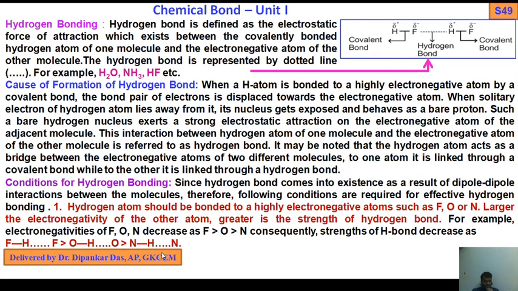And this hydrogen, already attached to nitrogen, forms a bond with nitrogen of another molecule, also with the least strength among these three, fluorine, oxygen and nitrogen. So that is the cause of formation of hydrogen bond and the condition for the formation of hydrogen bonding. Next, move on.